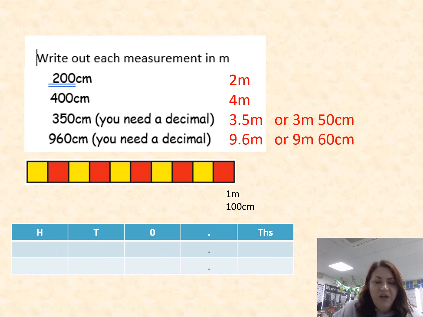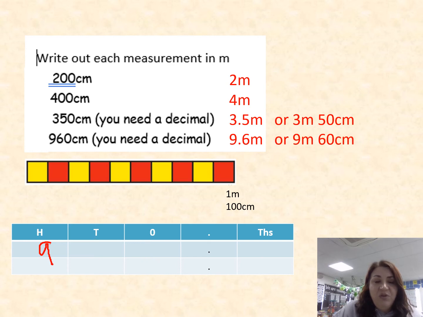And for the last one, 960, the 0 would move 1, 2 and fall off the edge. The 6 would move 1, 2, don't forget we don't put in the decimal point, and the 9 would move to here, which would make it 9.6 or 9 metres and 60 centimetres.